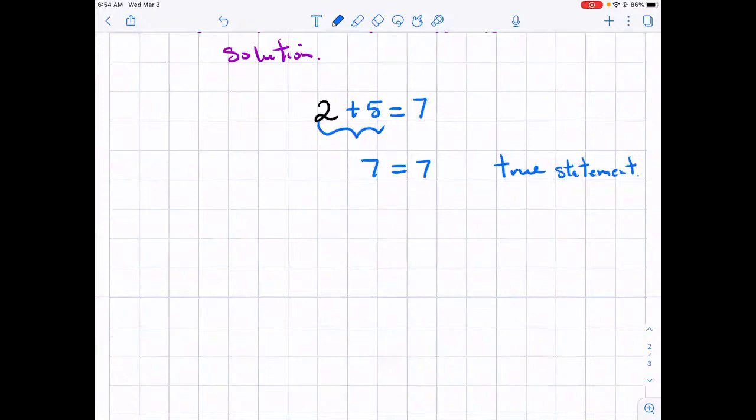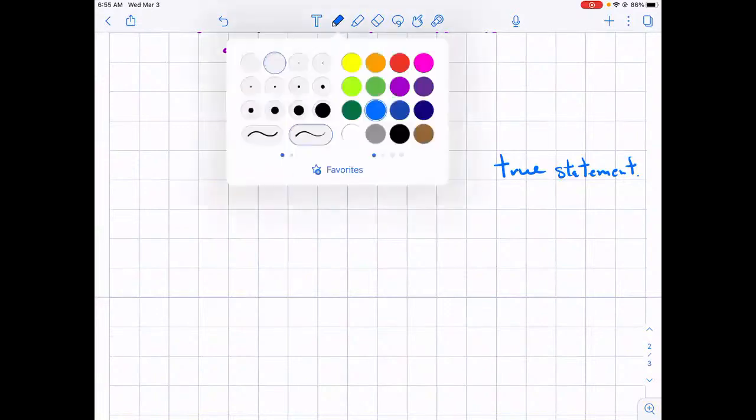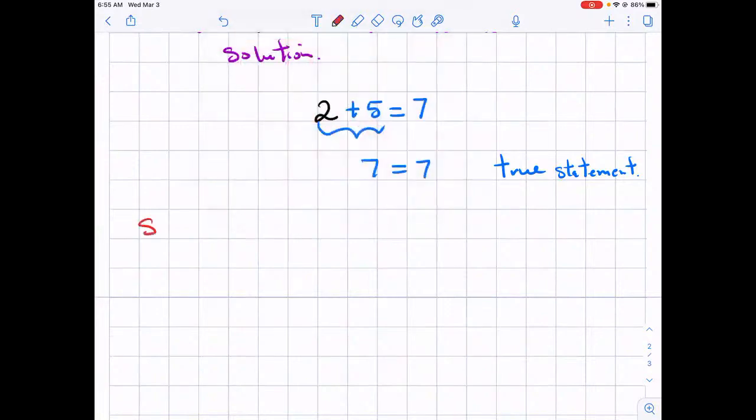And that's very important because that's really our checking process. As you solve equations, you will notice that solutions can be either rational or irrational.